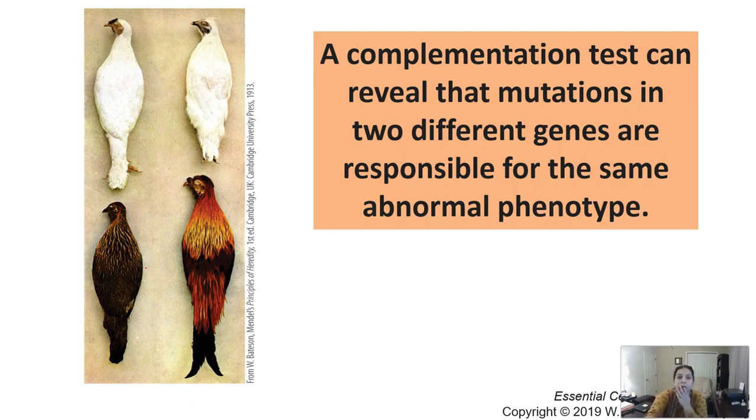That shows you that, so these are two different white birds, and here is a brown and the wild type plumage. When you cross them, you end up with a wild type plumage, indicating that those two white genes were in different complementation groups, and so when you combine them, you are able to complement and you are able to restore the normal phenotype.